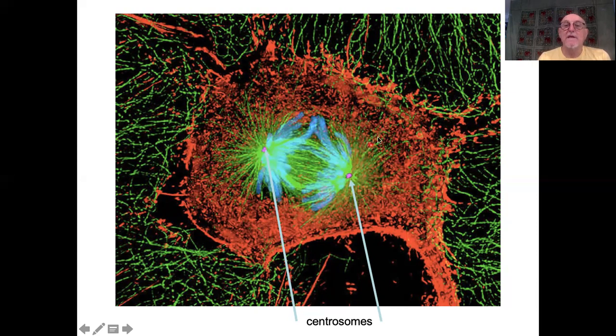All of these are tubules made of protein, which have arisen from here. So these are organizing centers for the production of this spindle of fibers here. And these fibers contact the chromosomes and allow them to be moved inside the cell, moved from one side to the other.